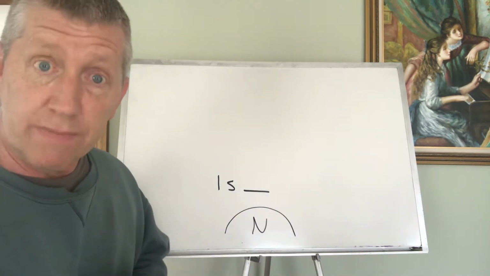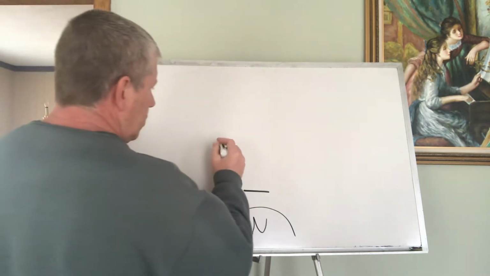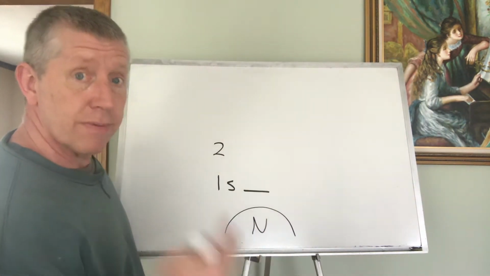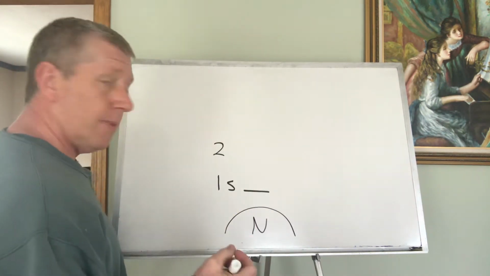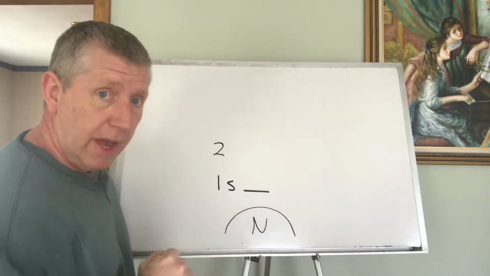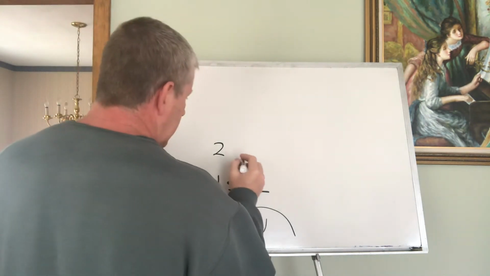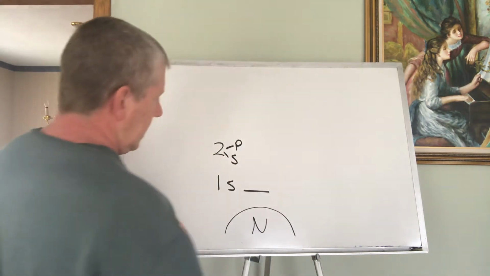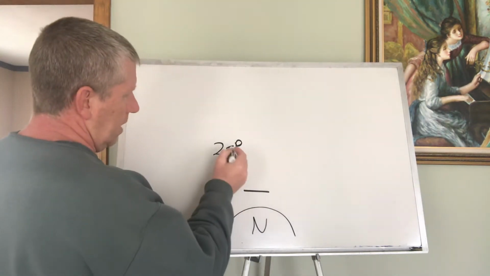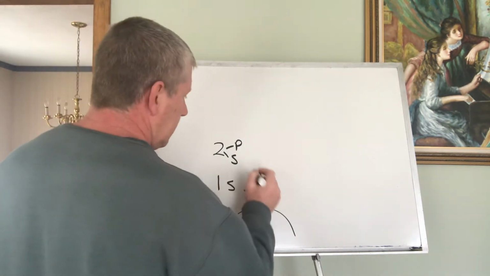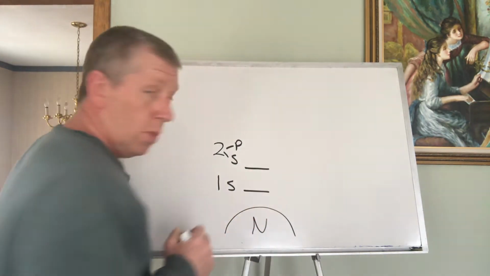So energy level 2 would be next. Energy level 2 has 2 sublevels. Remember what they are? S, always have an S, and P would be next. So I like to draw an S and a P like that, and I like the little lines to show that they're connected to energy level 2. An S sublevel has 1 orbital.